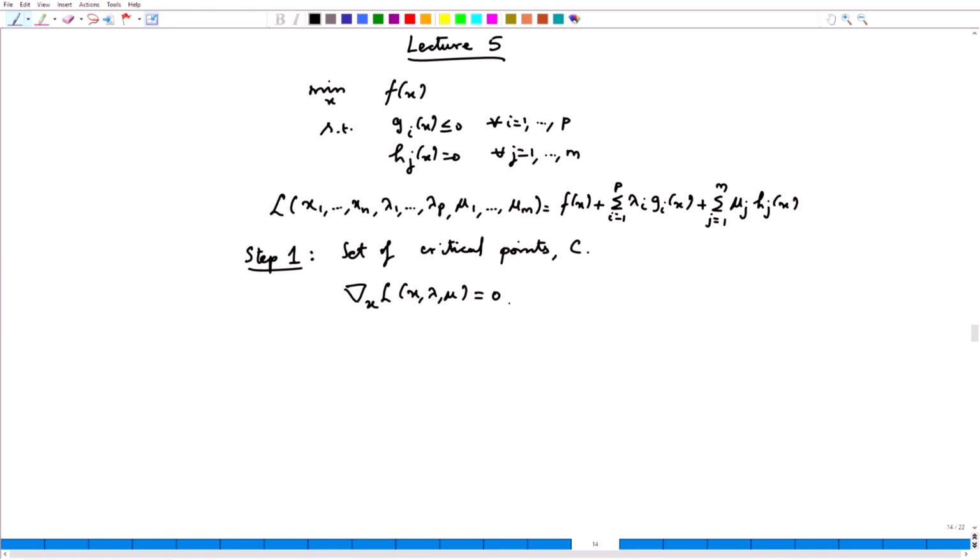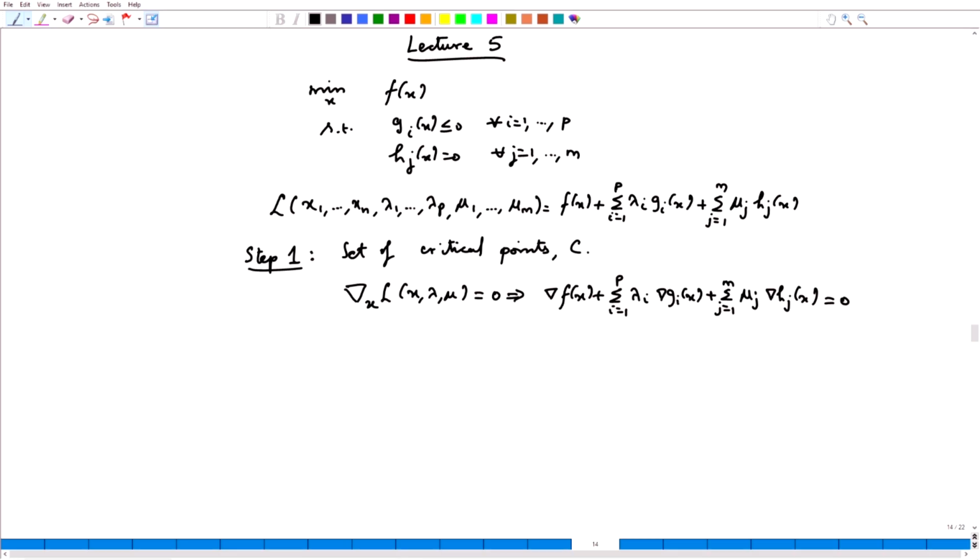And so, this actually means that the following must be satisfied: del f of x plus summation lambda i del g i of x plus summation j equal to 1 to m mu j del h j of x. Okay. You must be able to give x, lambda i's and mu j's in such a way that this vector is actually equal to the 0 vector, that is the first step.